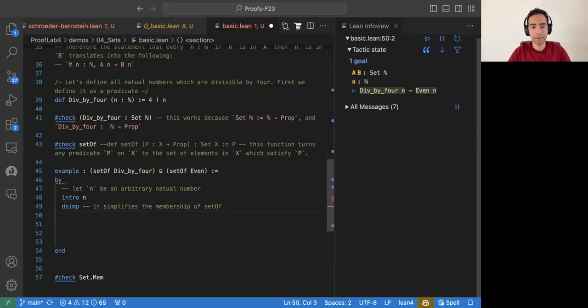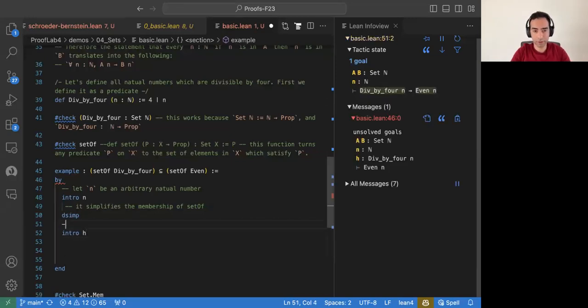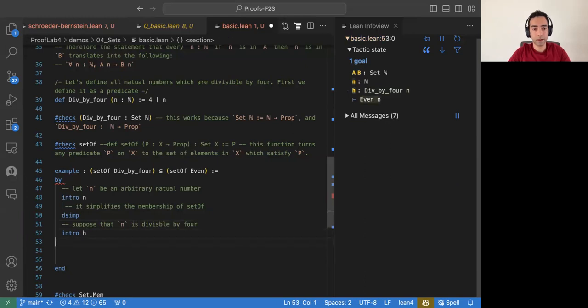Okay, now how do I prove this? Well, this is an implication. And to prove an implication, we have to say, let the hypothesis be true. So we say intro H, which is: suppose that n is divisible by 4. And now my final goal is to prove that n is even.